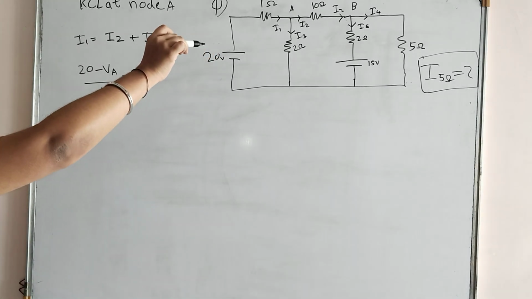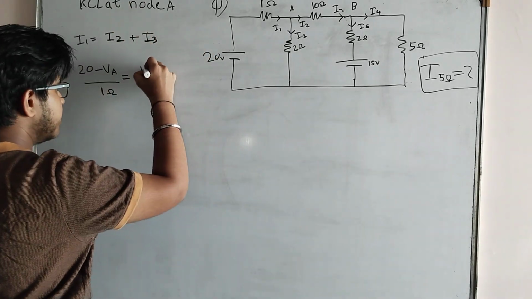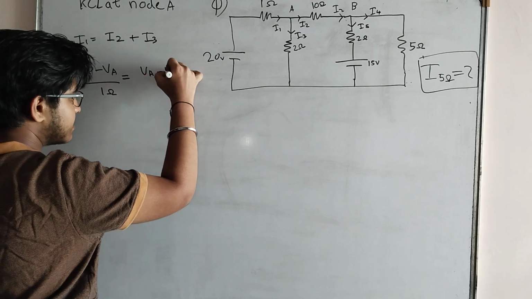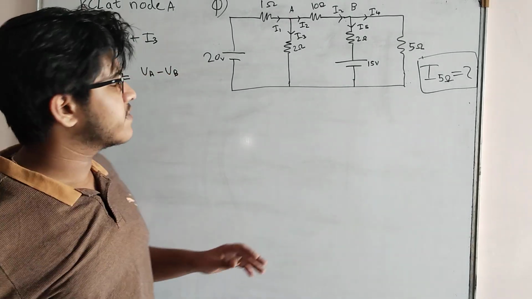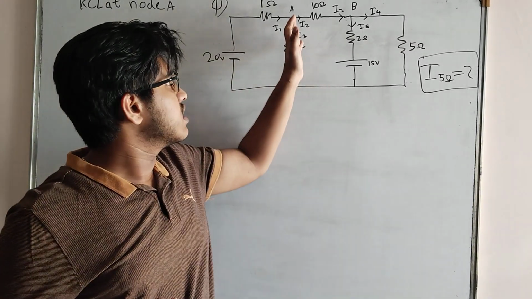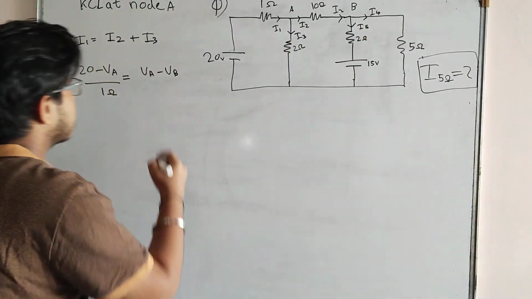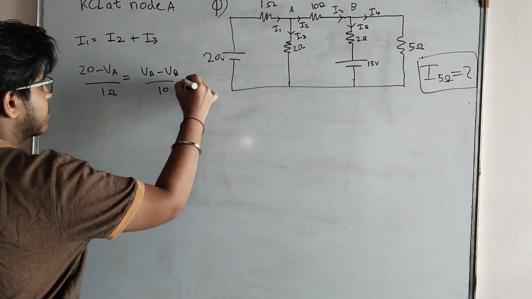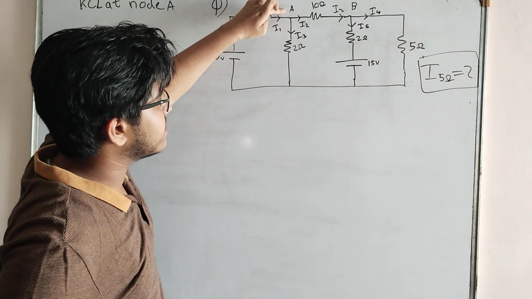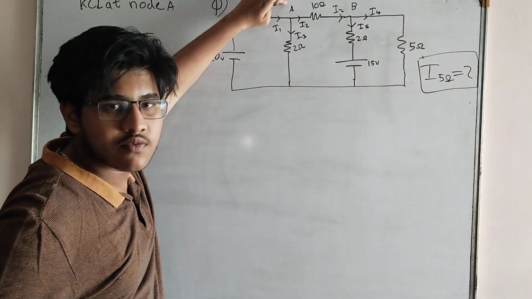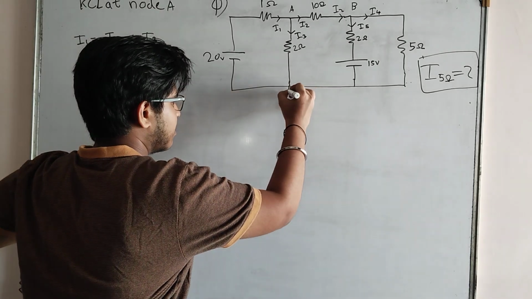So the voltage drop across 10 ohm will be VA minus VB. While writing any voltage drop, we need to consider the initial point voltage minus the final point voltage. Okay, upon 10, plus I3. This is my I3. It has VA as its initial point voltage and 0. Let us consider this to be ground.